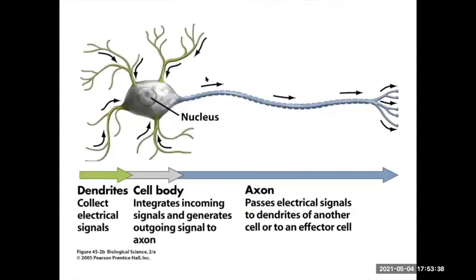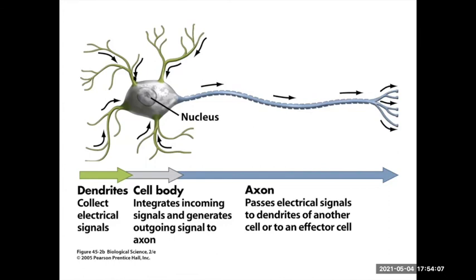All right. So what we're going to look at over here is the flow of electricity around the cell. And we're going to remember the parts of the cell. Dendrites around here are reaching out and getting signals from other neurons or sensory receptors, as well as the cell body.